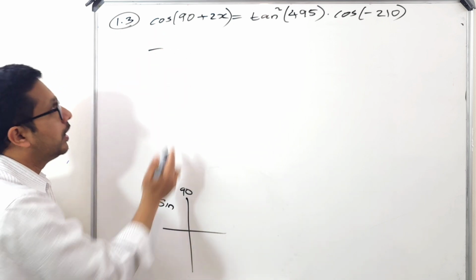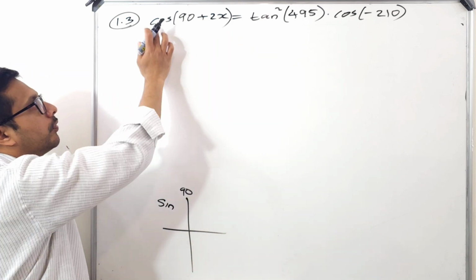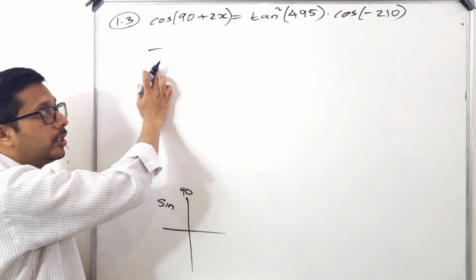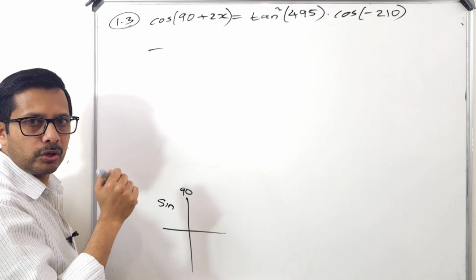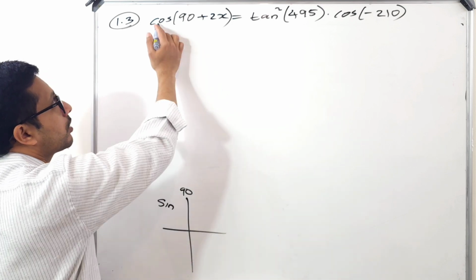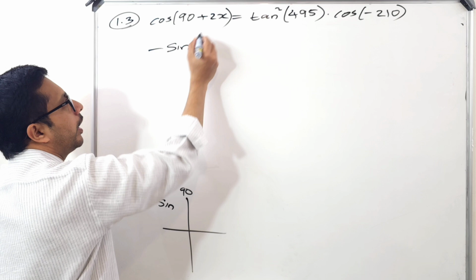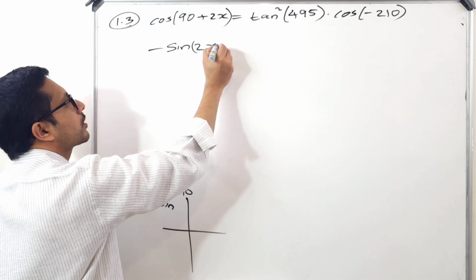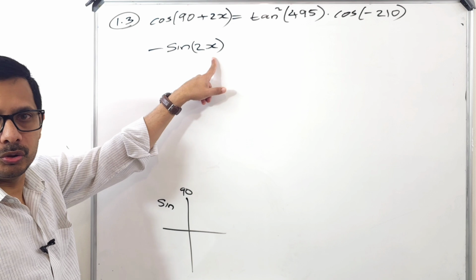If it is based on the vertical line, you have to change it to its cofunction. What is the cofunction of cos? Sine. So it is sine of the acute angle 2x. So what is the answer? Minus sine 2x.